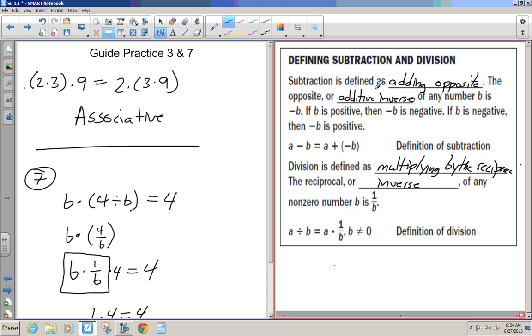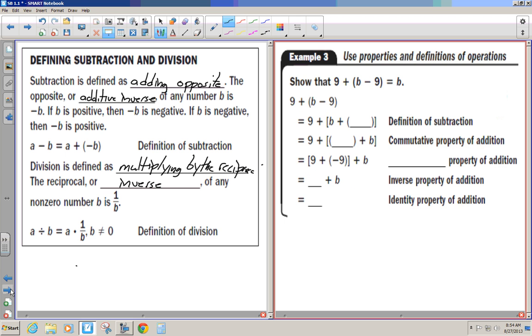So this is just the definition, but basically what you're looking at here is just knowing how to undo certain things. How do you undo subtraction and addition? How do you undo division and so on?